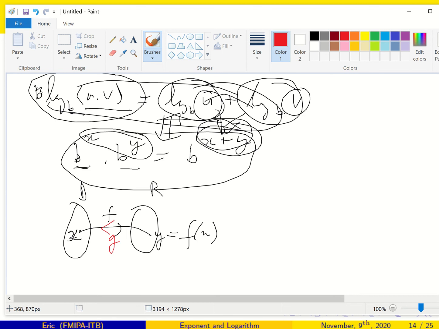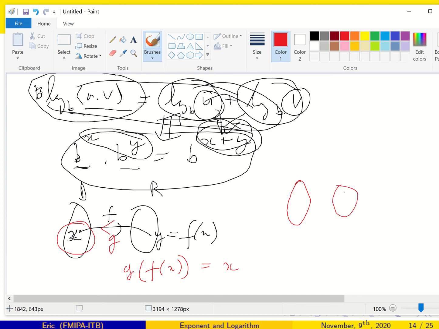If I take f(x), the inverse of f(x) should give you x also. From x, applying f and then g should bring you back to x.